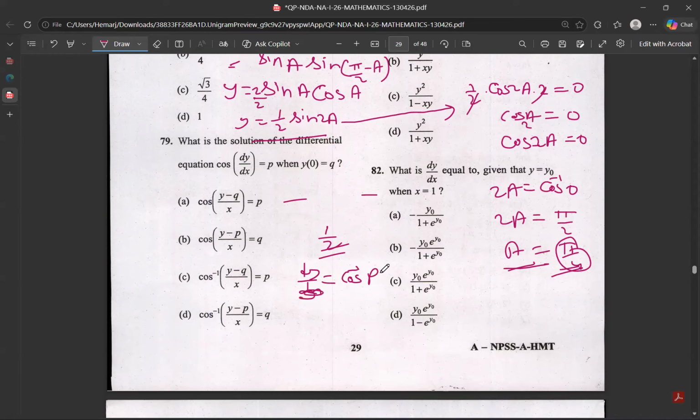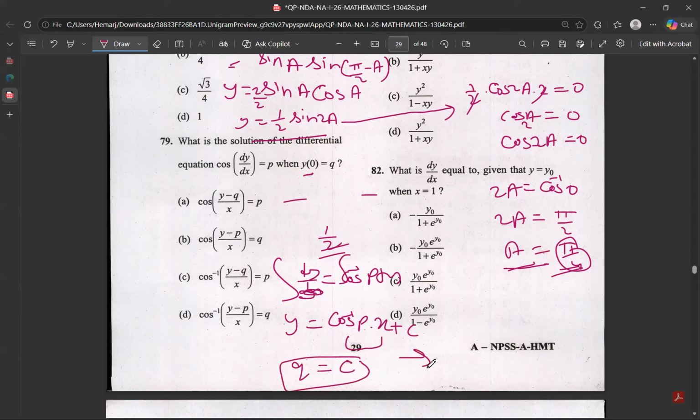Now take this dx on the right-hand side and integrate both sides. y equals cos inverse p, which is a constant, cos inverse p into 1 is x plus c. We also have to calculate the value of c. So first put x equal to 0, y is q, so q equals c. The value of q is c. So our equation becomes y equals cos inverse p into x plus q.